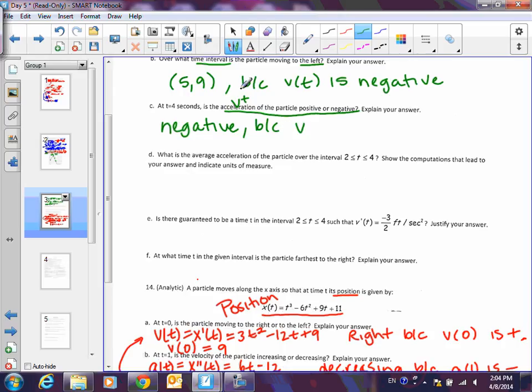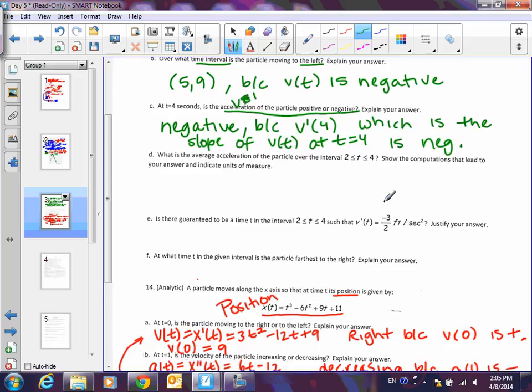V prime of 4, which is the slope of v of t at t equals 4. It's maybe a little bit more than I need, but it answers the question. It has everything I need.